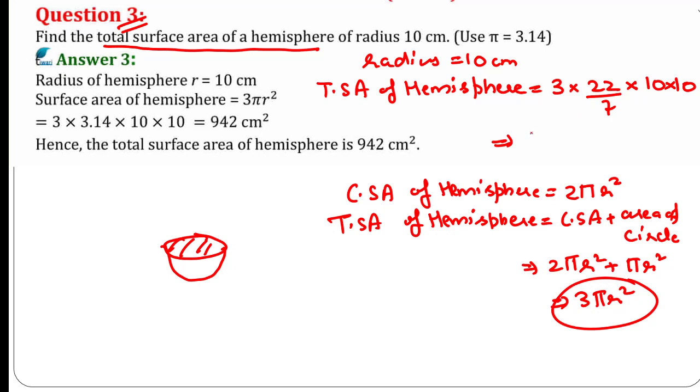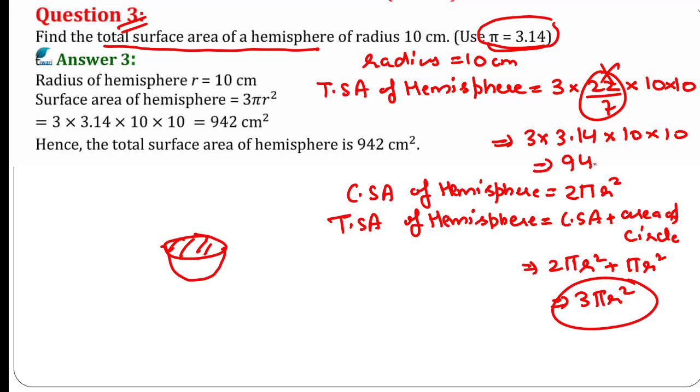In the question it is given to use the value of pi as 3.14, so we will not use 22/7, we will use 3.14 into 10 into 10. So the answer will be 942 centimeter square. That is your required answer.